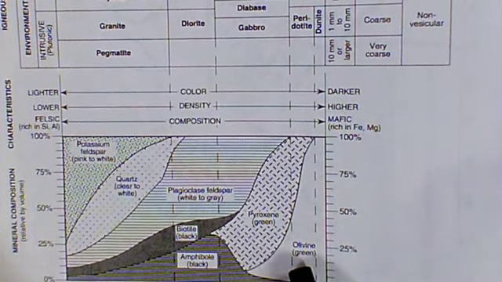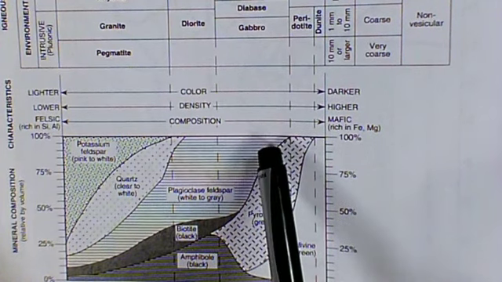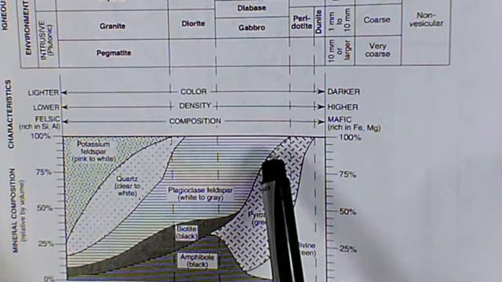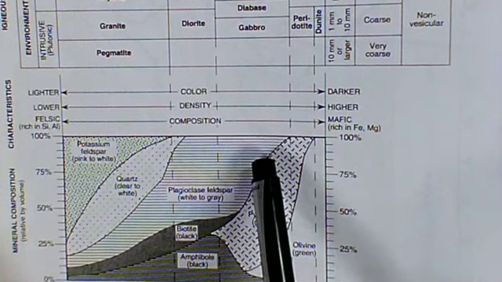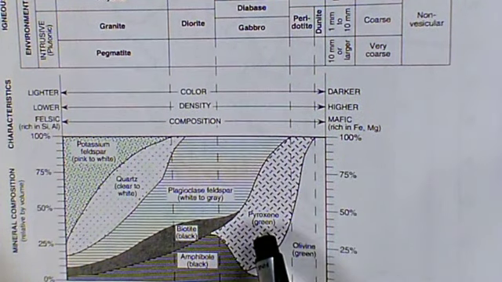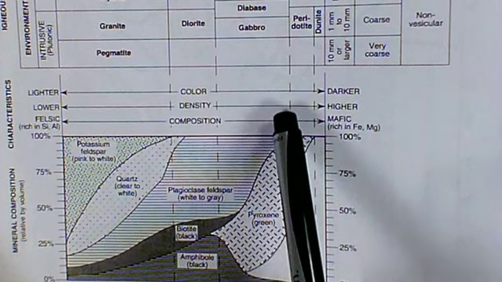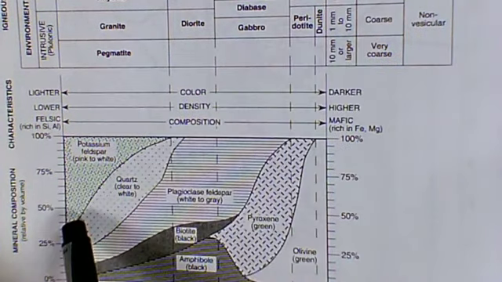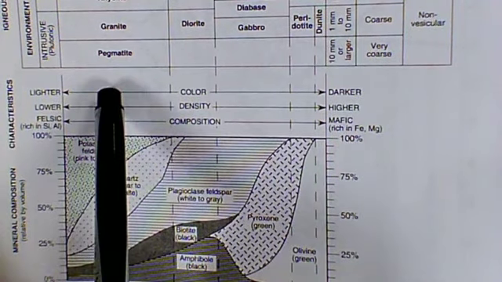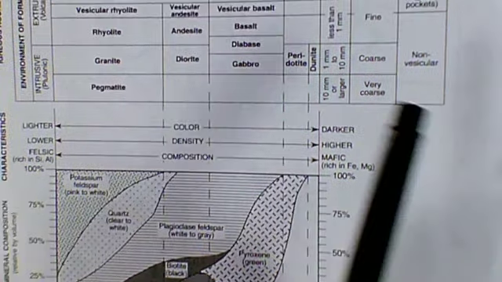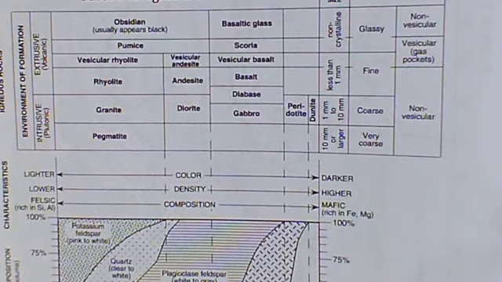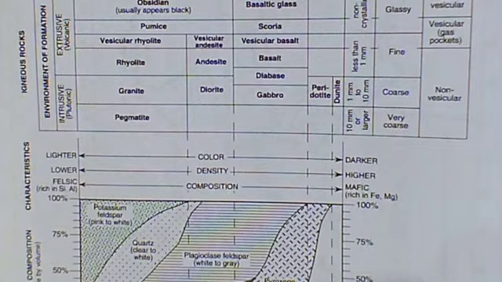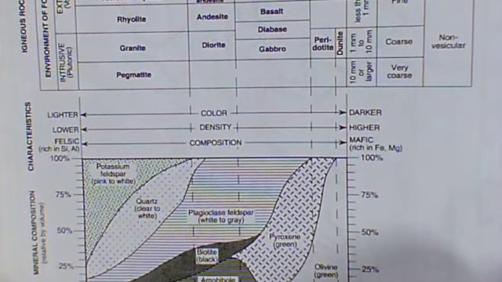Pyroxene and olivine are both green, okay, like olive green, olivine, and plagioclase feldspar, which is white to gray, which might lighten them up a little bit, but darker minerals make up the mafic, and lighter minerals make up the felsic rocks. So that's how to use this chart to look at this.